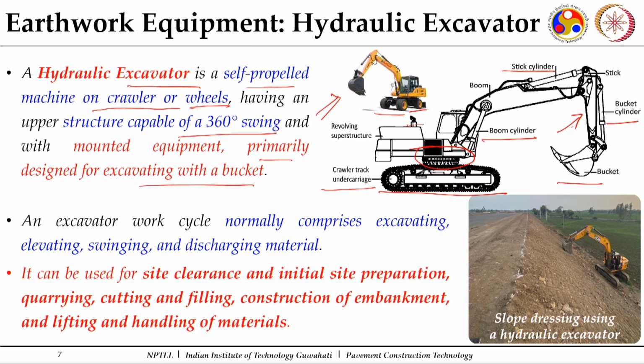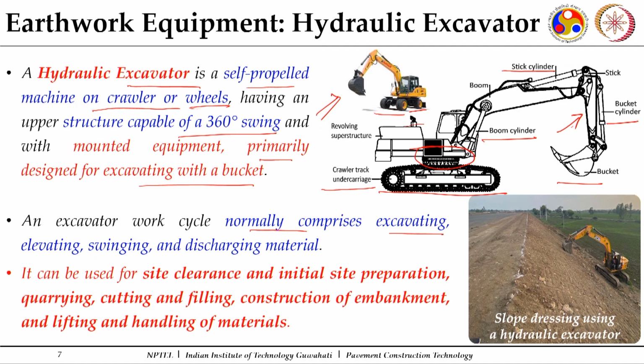This top one is a revolving structure which can rotate 360 degrees. It can work on slopes as the crawler unit gives good traction, and this particular bucket can be used for multiple purposes. An excavator work cycle normally comprises excavating, elevating, swinging and discharging material.